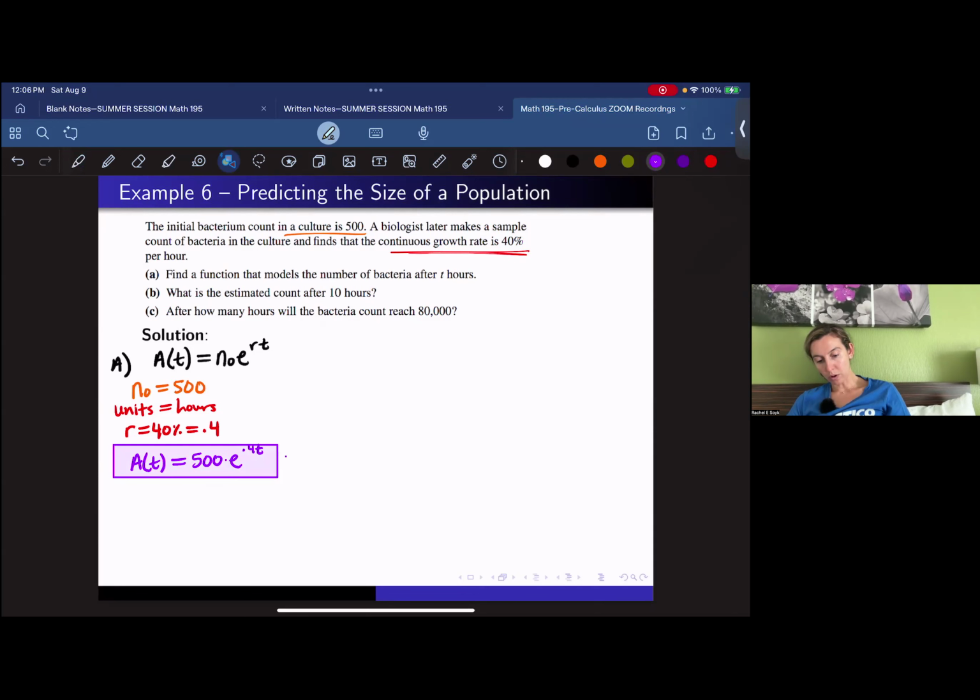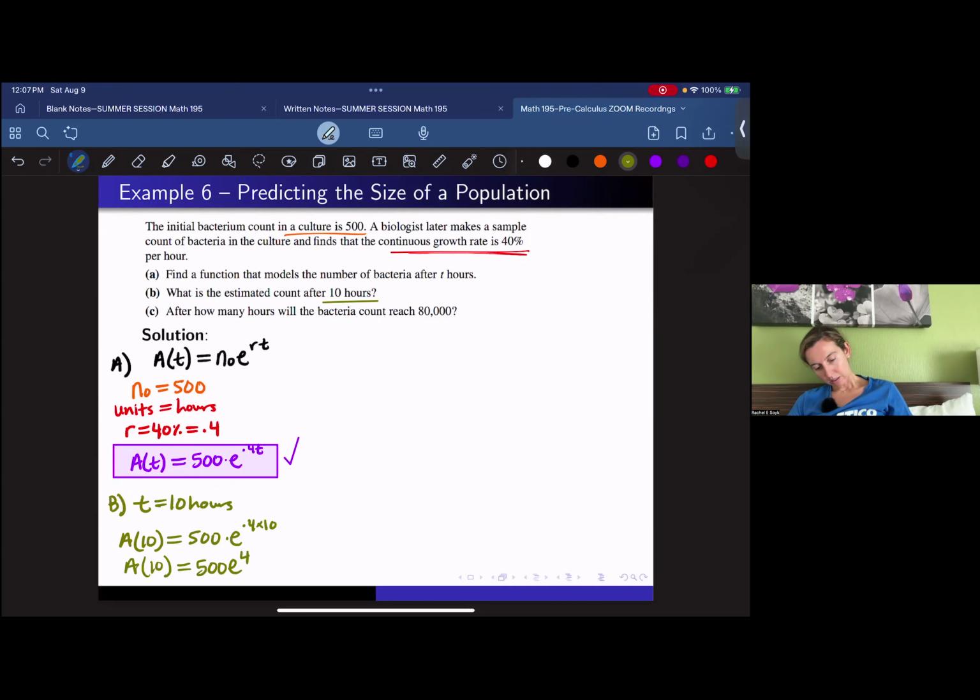Which we're now ready to move on to our part B, where we want to figure out what is the estimated count after 10 hours. So our t is equal to 10 hours. So wherever you see a t in that purple equation we created, we're just plugging in 10. And so you get A of 10 is equal to 500 times e to the 4.